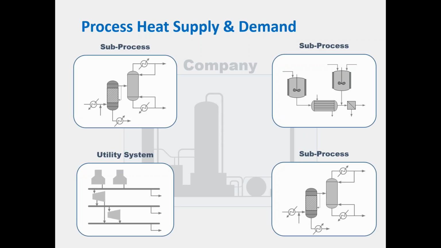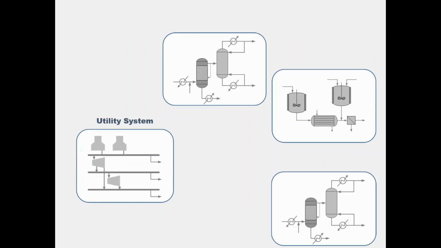And then in order to supply that heating and cooling requirement to those processes, we will have a utility system which provides those utilities, both heating and cooling, to each of the processes.